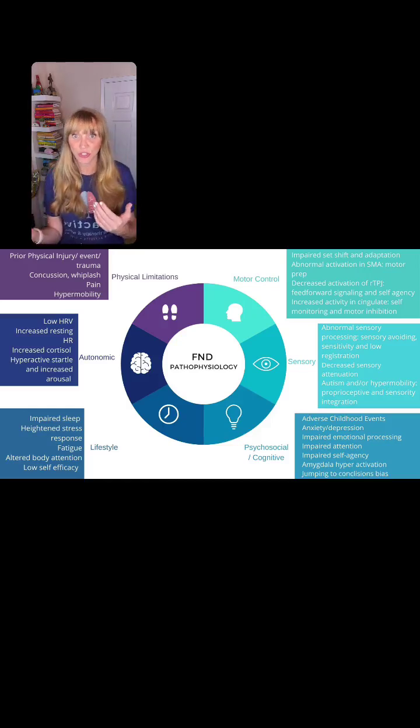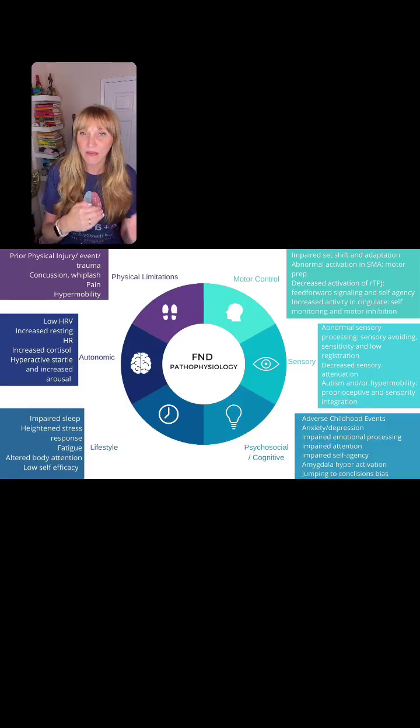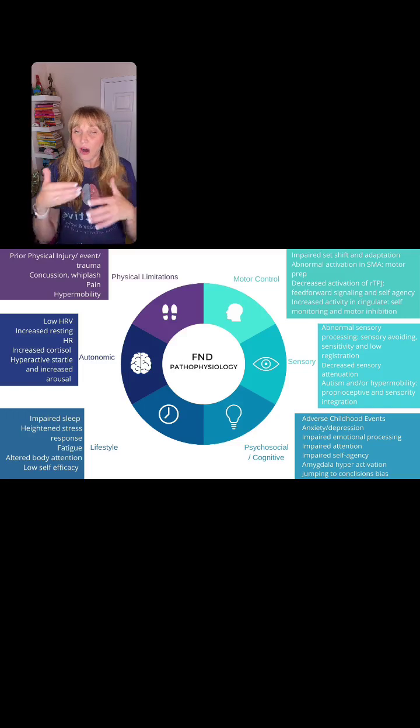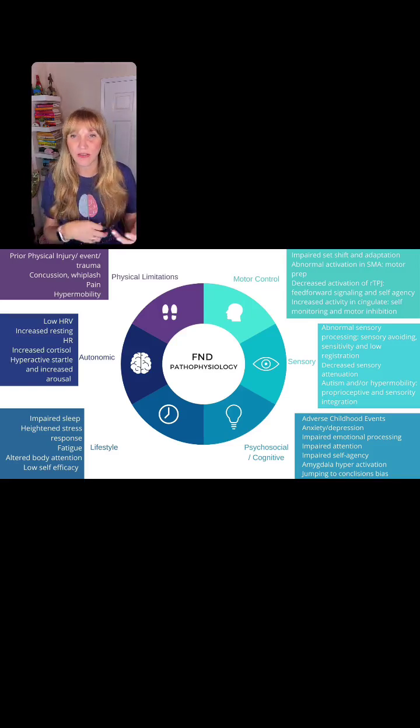And the literature is pretty robust, looking at the neuroscience, the pathophysiology of this, to show that a person's attentional focus can change the way they move. And a person with FND oftentimes has lost some of that automatic control of movement due to an intentional focus, often to their body, often to symptoms.